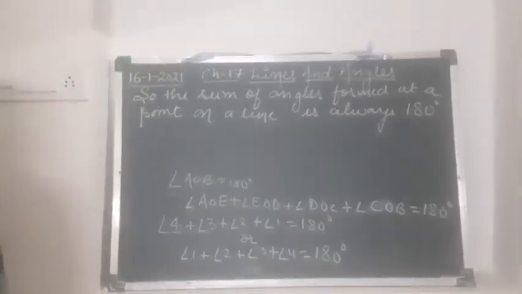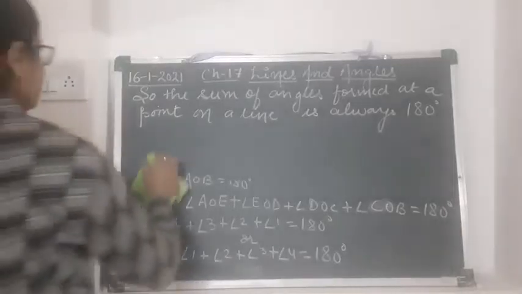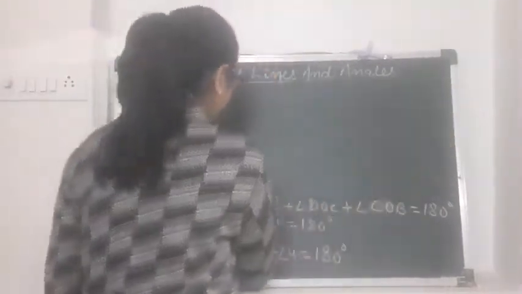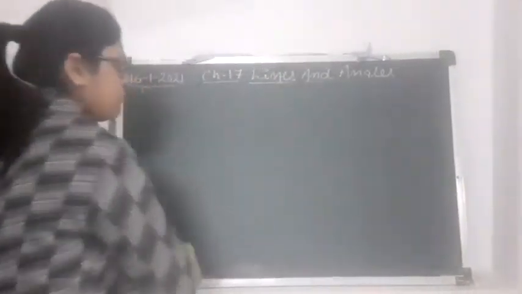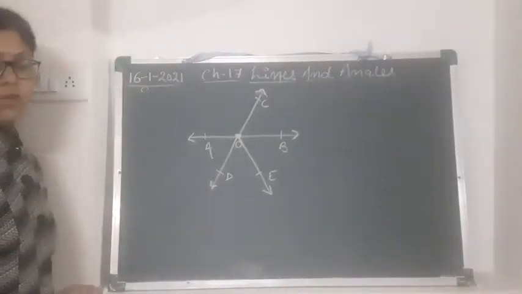So now let us come to the next concept, that is angles formed on a point. This is A, O, B, C. This is D and this is E. And you have to find the angle sum property on a point.